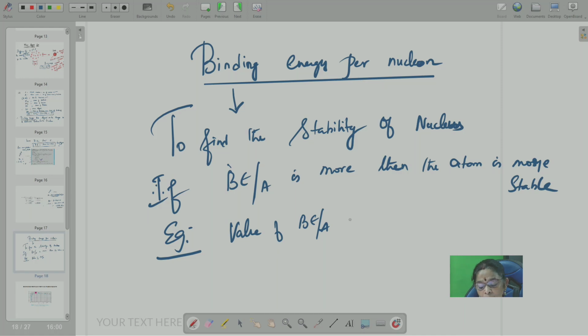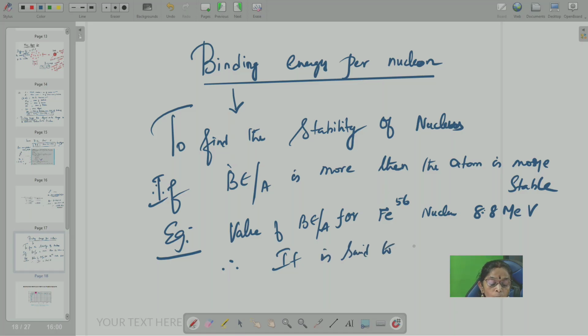So the value of binding energy per nucleon for iron nucleus, Fe56 nucleus, is 8.8 mega electron volt. So therefore it is said to be the most stable element.